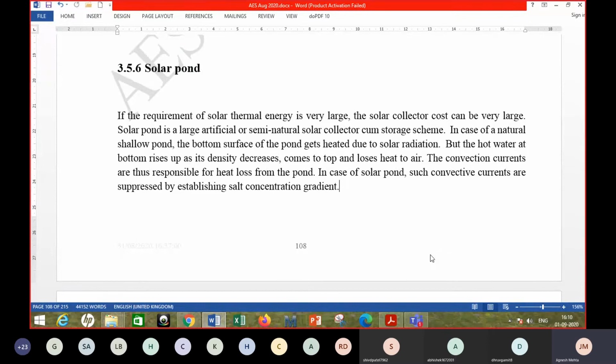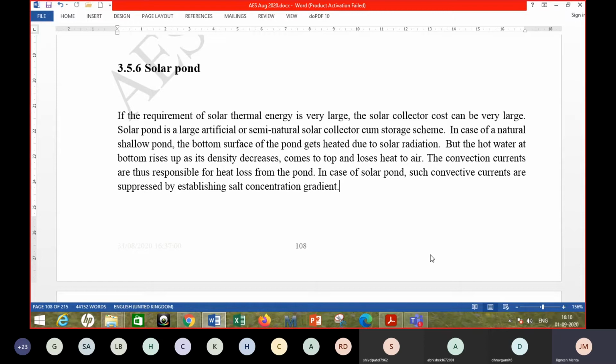The water that gets heated rises up to the top surface and loses heat by sensible heat as well as by evaporation. So the heat that is absorbed by the pond is again released to the atmosphere, because of the convection currents that naturally set up in a natural pond.